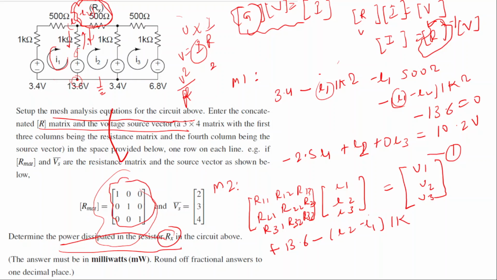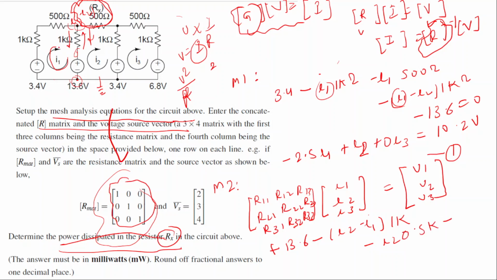Then we need to move from here to here. The current due to this mesh flowing in this 500 ohm resistor will be I2, so minus I2 times 0.5 kilo ohm.